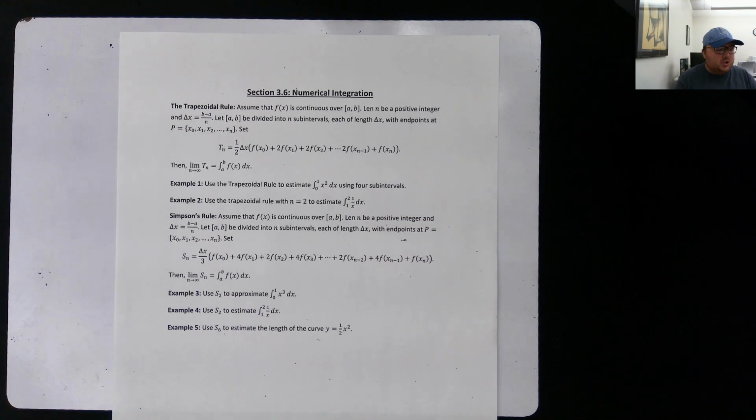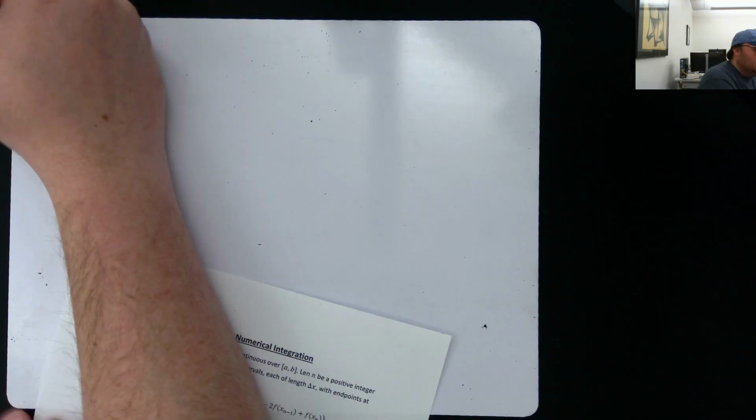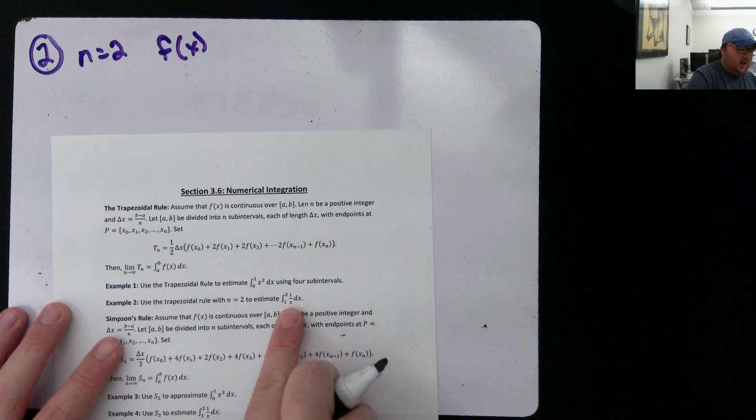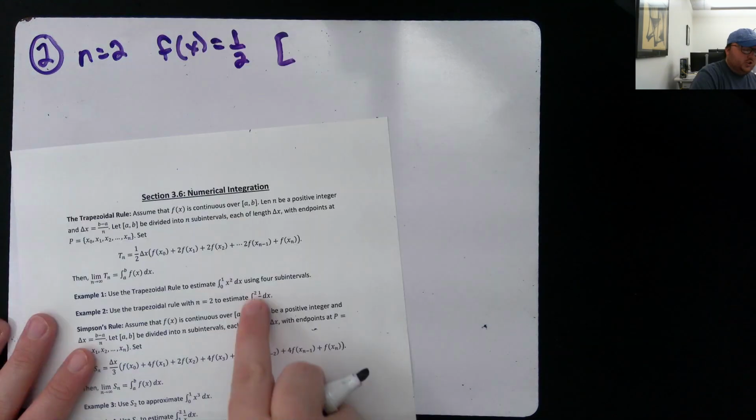Trapezoidal rule again with example number 2. Example number 2 says use the trapezoidal rule with n equals 2 to estimate the integral from 1 to 2 of 1 over x dx. So again, we're using n equals 2 with the function 1 over x from 1 to 2.